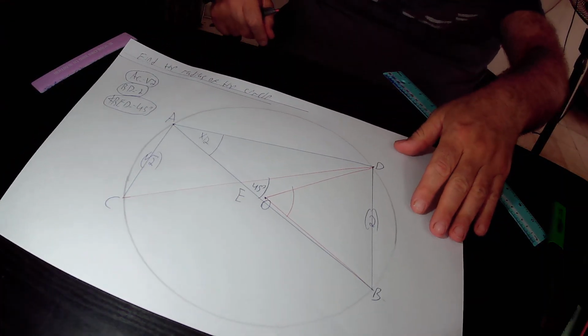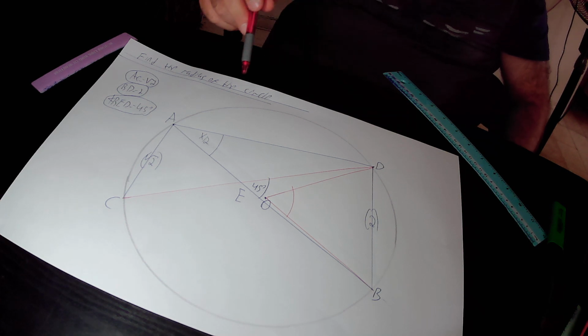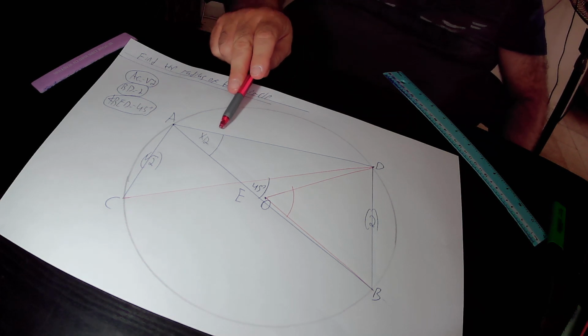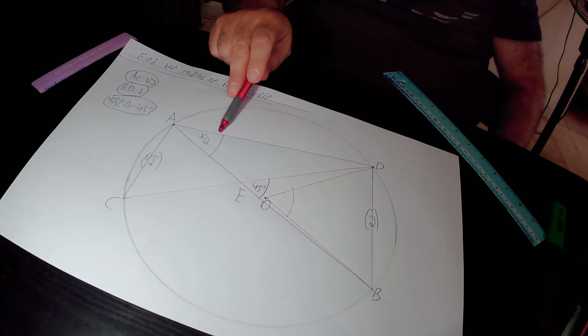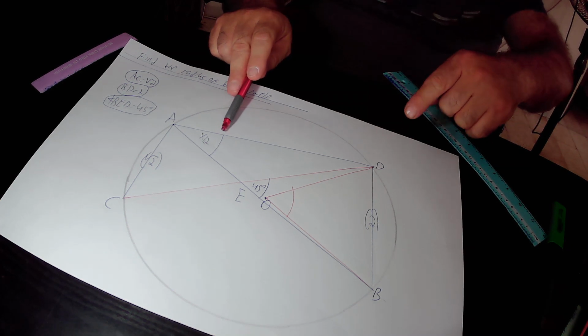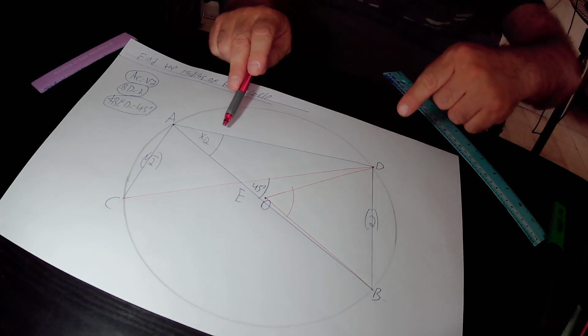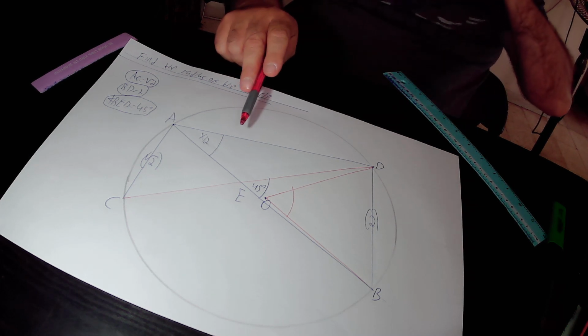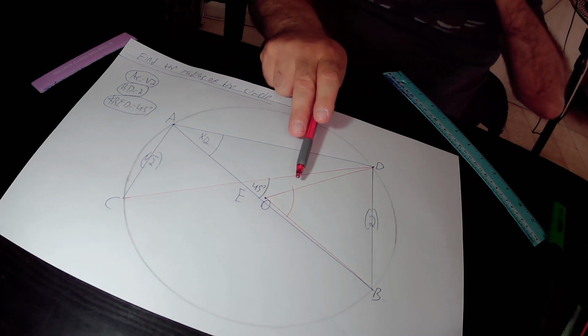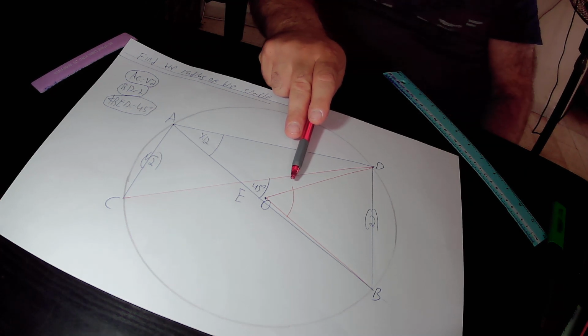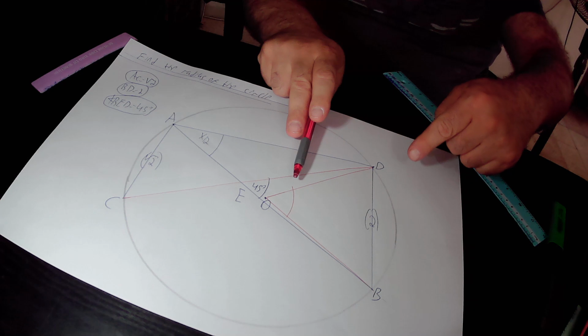we have this peripheral angle BAD. The size of this peripheral angle BAD is x over 2, and this peripheral angle BAD is subtended on chord DB. Likewise, we have the central angle BOD. This is the central angle BOD that is subtended on the same chord called DB.